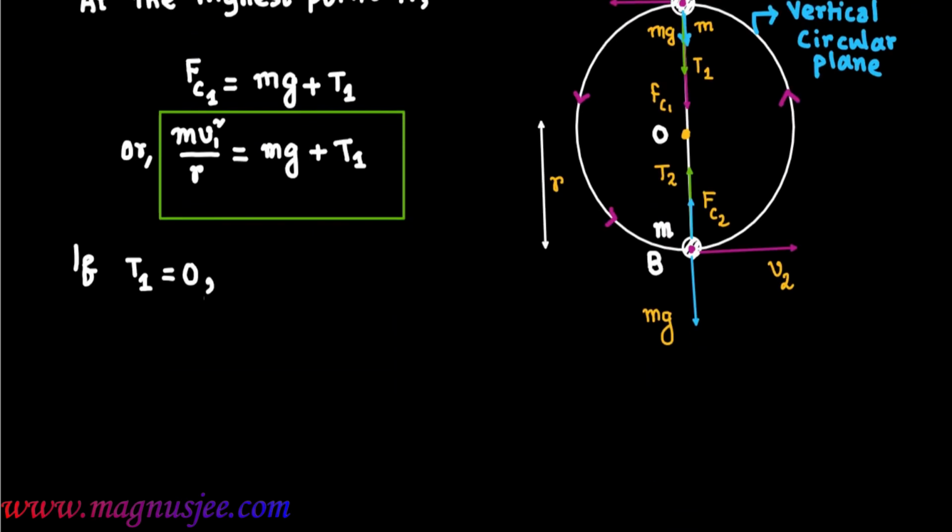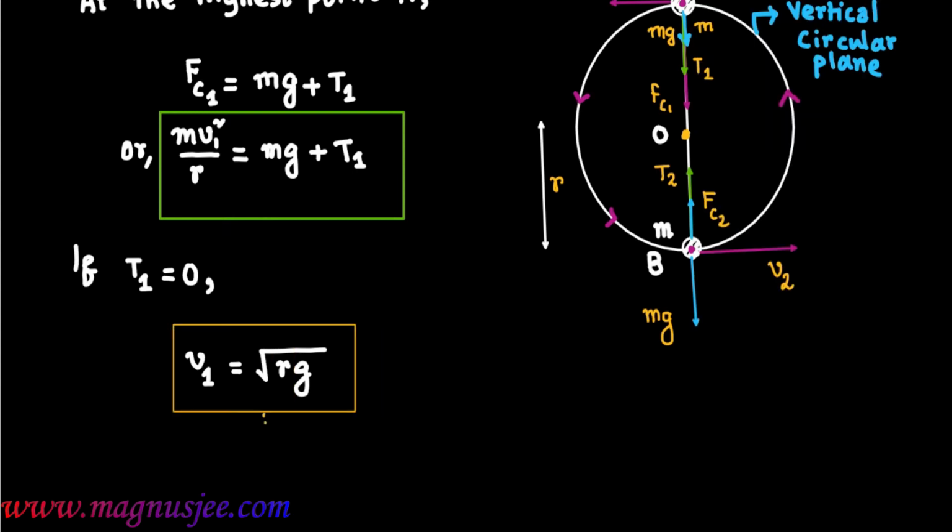If T1 is equal to 0, that means the tension acting in the string at the highest point A is 0. In that case, the tangential velocity of the body at the highest point will be v1 equal root over rg, where r is the length of the string or radius of the vertical circular path.